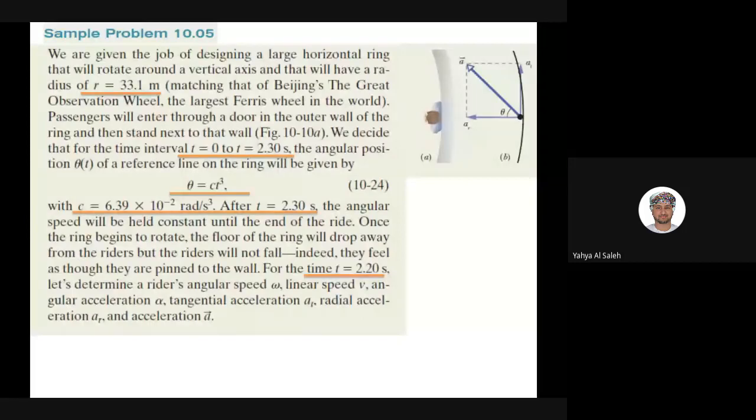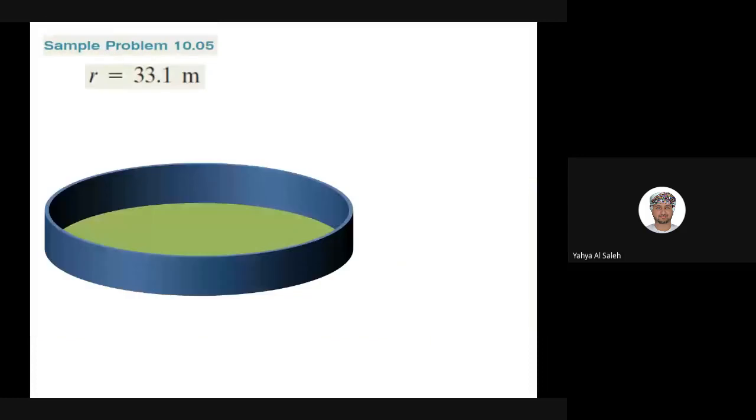For the time 2.2 seconds, let's determine a rider's angular speed, omega, linear speed, v, angular acceleration, alpha, tangential acceleration, a_t, radial acceleration, a_r, and total acceleration, the vector a. Okay? This is our game. The radius is 33.1 meters.